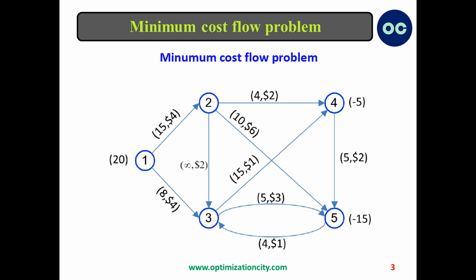Look at the simple example here of a minimum cost flow problem using the diagram here. The nodes are shown as numbered circles and the arcs are represented by arrows. The arcs have a specific direction, meaning the material goods can be transported from one node to another in that direction.